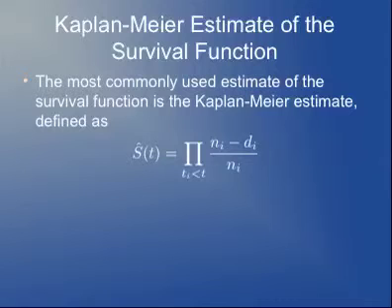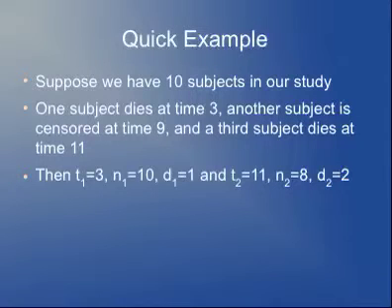It doesn't matter that much whether you understand the details, but if you go to the simple example from a couple slides back, say you want to find the probability that somebody survives at least 5 time units. Well, at time 3, there were 10 people at risk and 1 person who had died at that point. So at least 90% of the people survived that long.